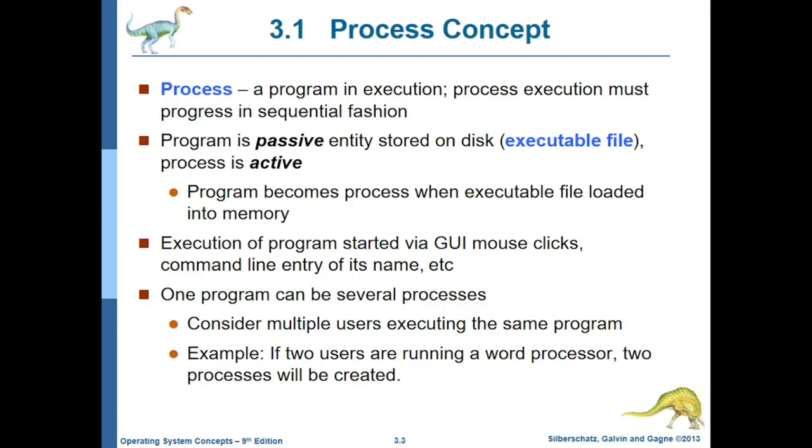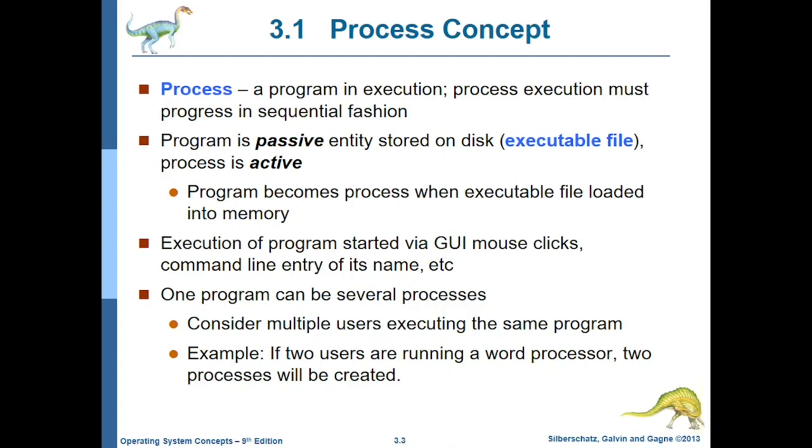A program is a passive entity stored on disk, such as the executable file. A program becomes a process when it is loaded into memory and executed by the CPU.